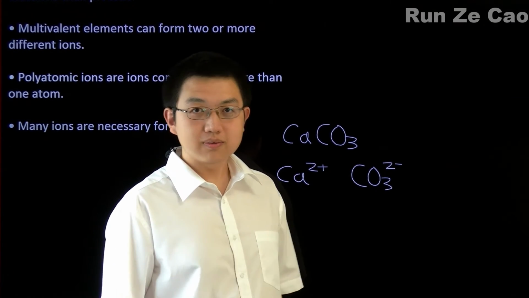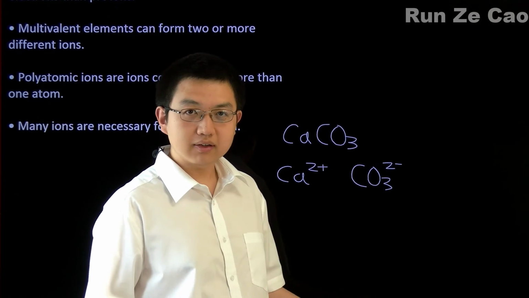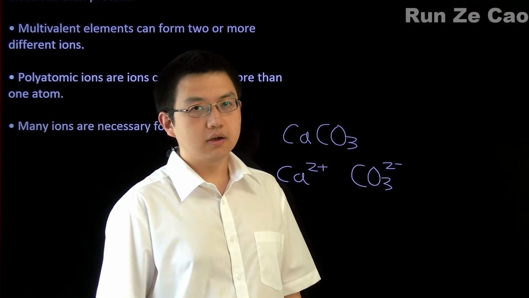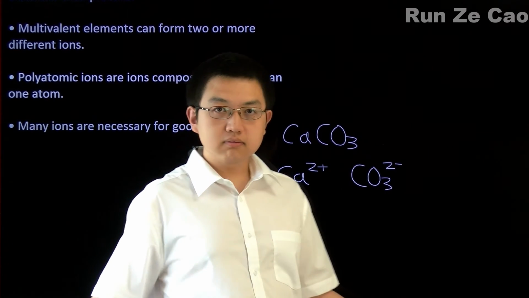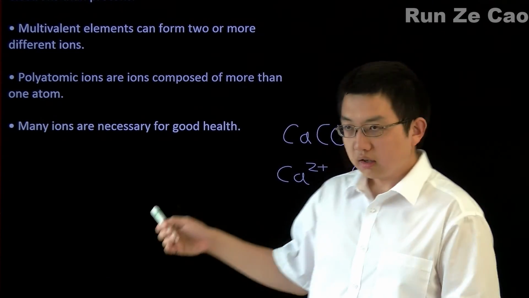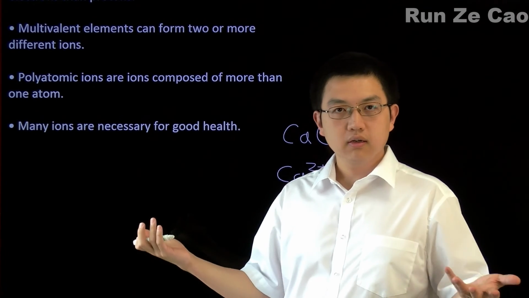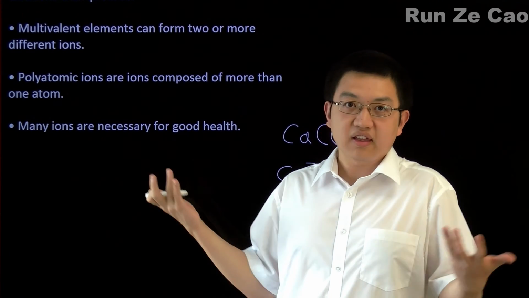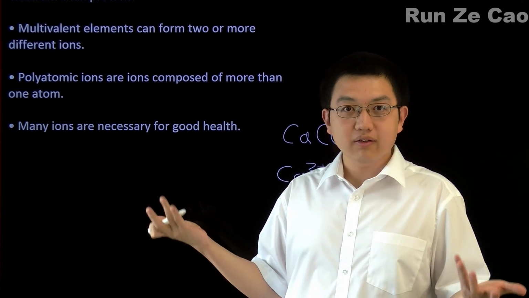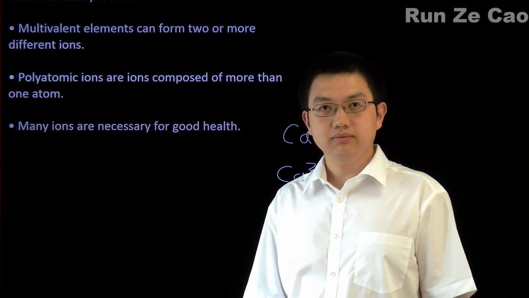And we all know that you need calcium to build bones, right? So, that's it for this section. I mean, yes, okay, some ions are not good for the environment, but anything in excess is not good for the environment, right? Well, that's it.